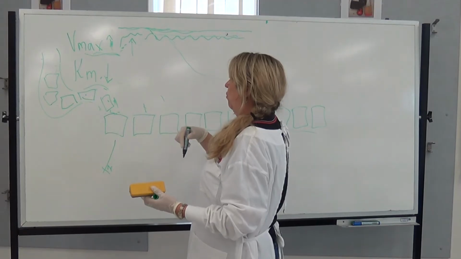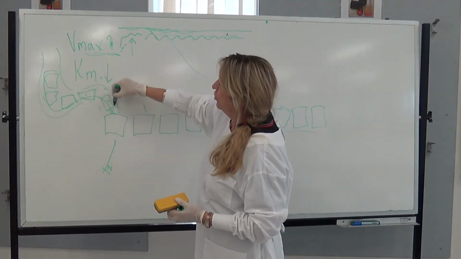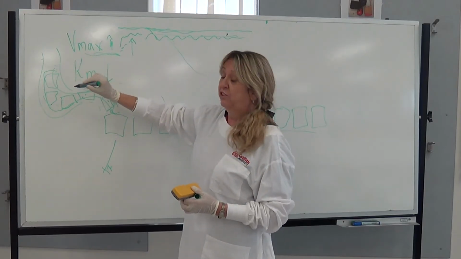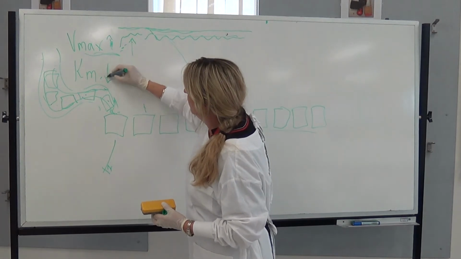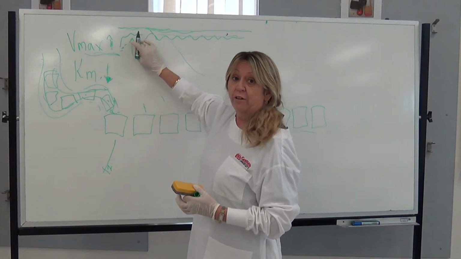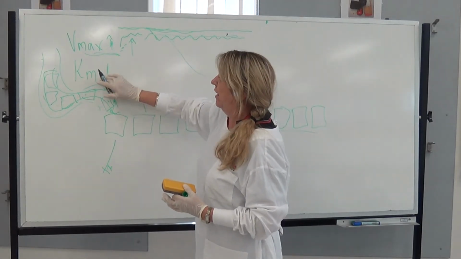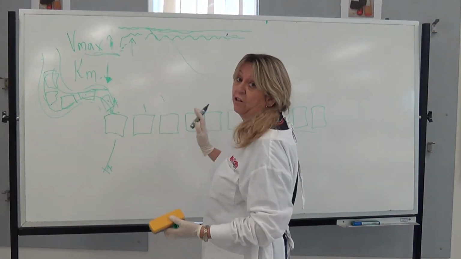So, in the words of our experiments, the lowest concentration of cars we have sitting here, the more efficient it is. Okay, so the lower the Km, the better the substrate. The higher the Vmax, the faster it runs. The lower the Km, the less concentration we need to keep our enzymes running full tilt.